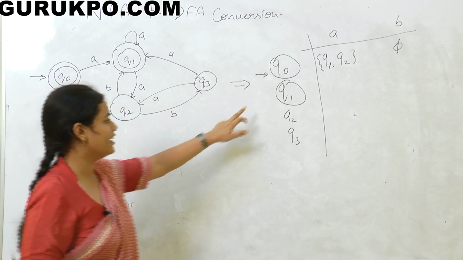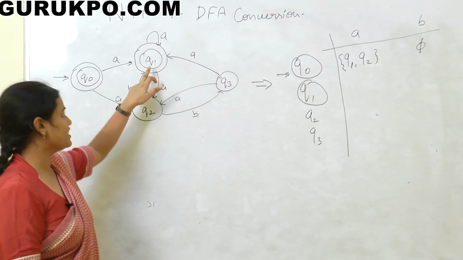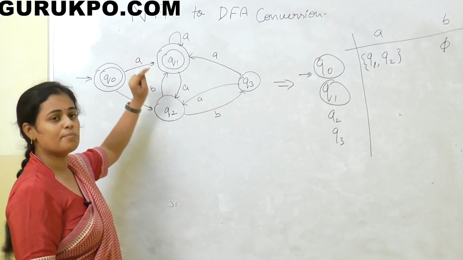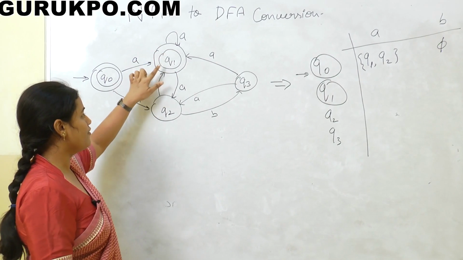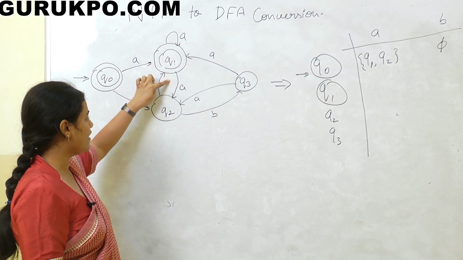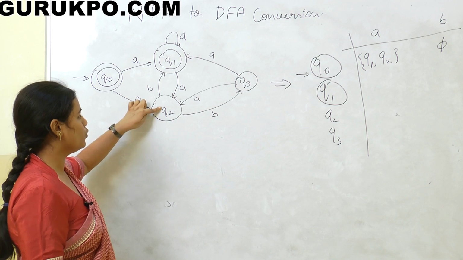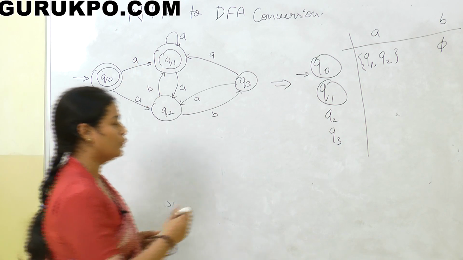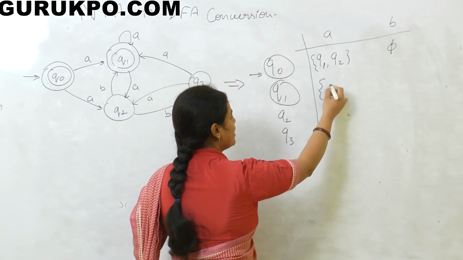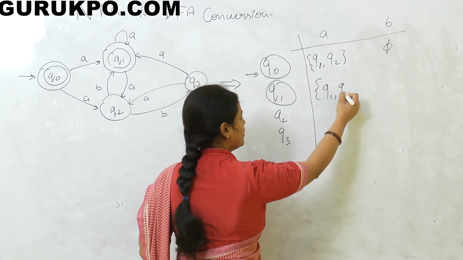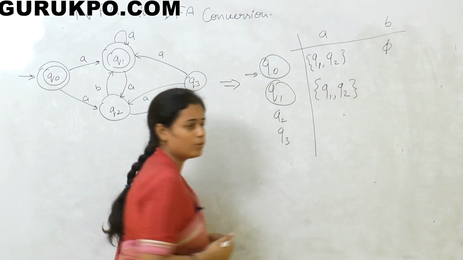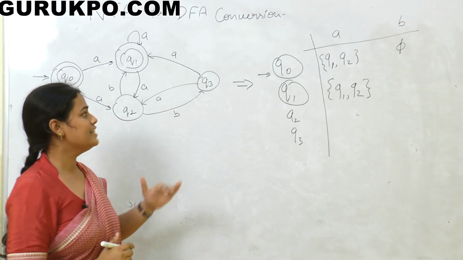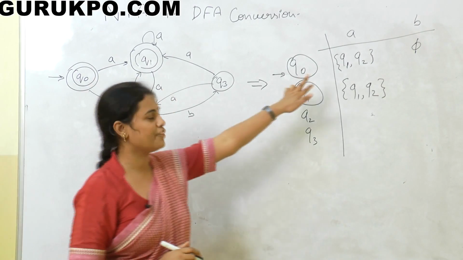Now, the second state is Q1. When I apply the input A, I reach the states Q1 and Q2. Then again we will mention here Q1, Q2. This has been done in a similar manner as we wrote the first production.